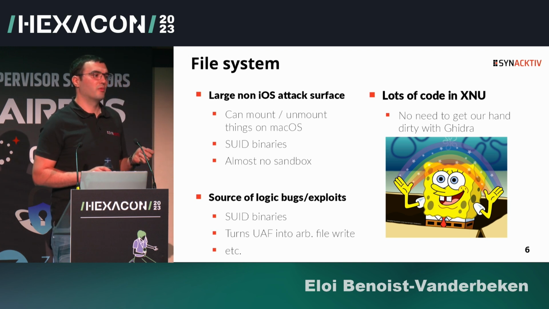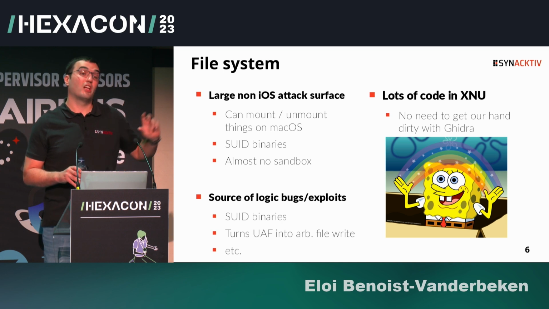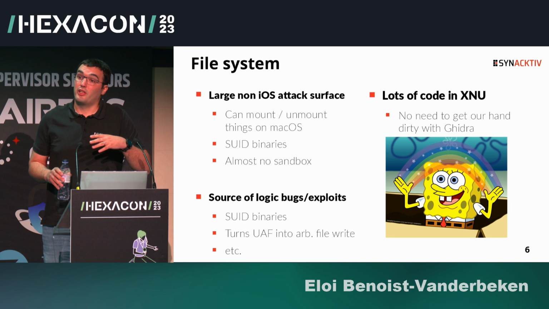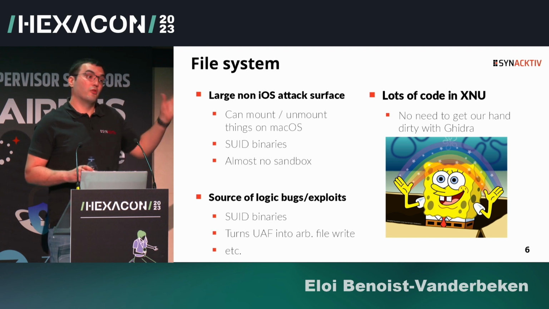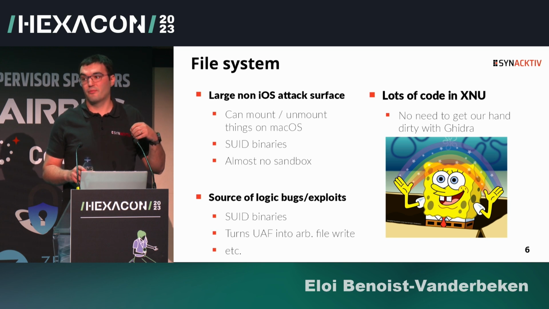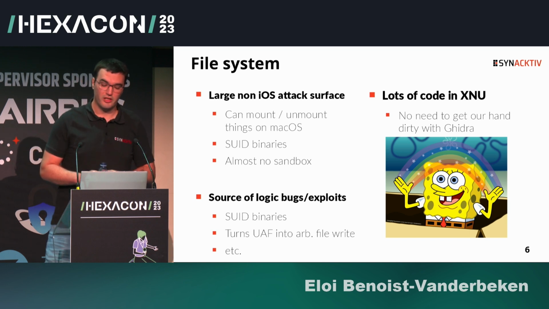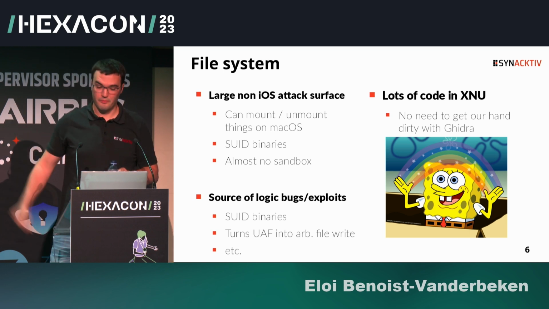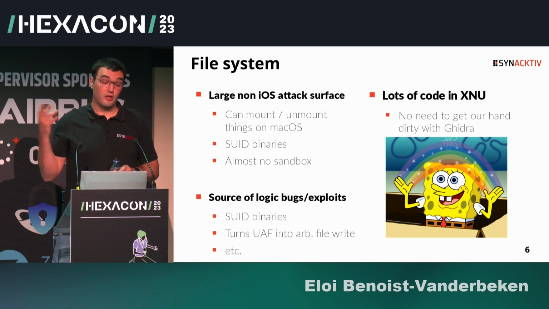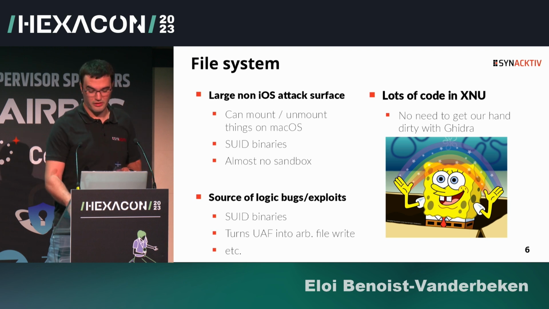I think there were a couple of Linux exploits that use this because you just have to open a file that you can read and write, maybe free a structure somewhere, and get the structure reused with another file, a privileged one, and then you can write in a privileged file, etc. And there is a lot of code in XNU, so no need to get our hands dirty with Ghidra or Radare.